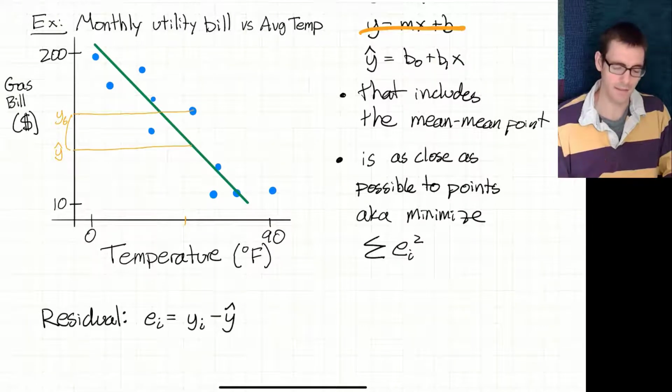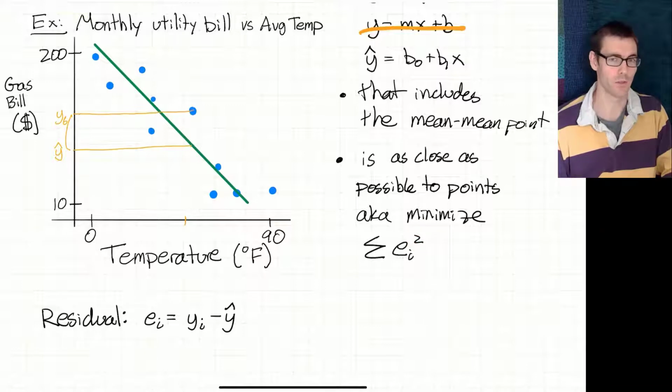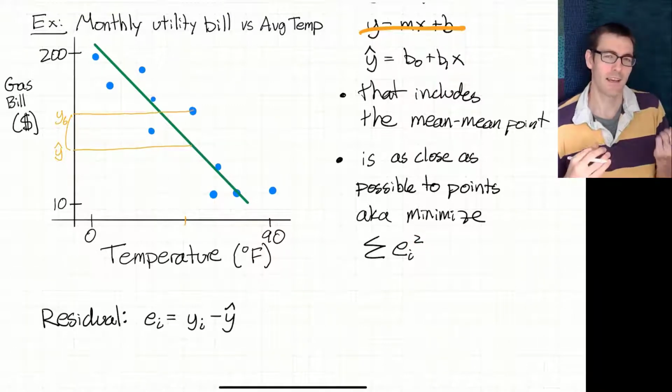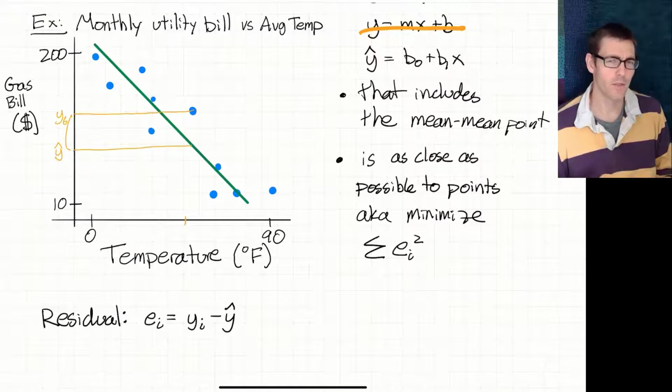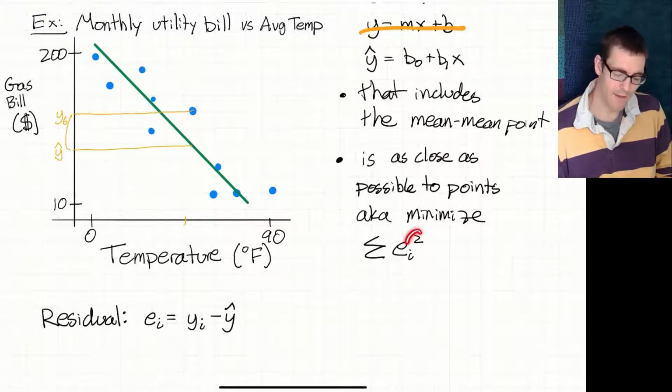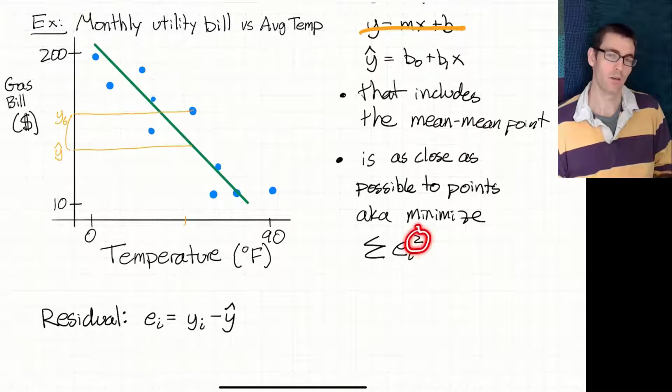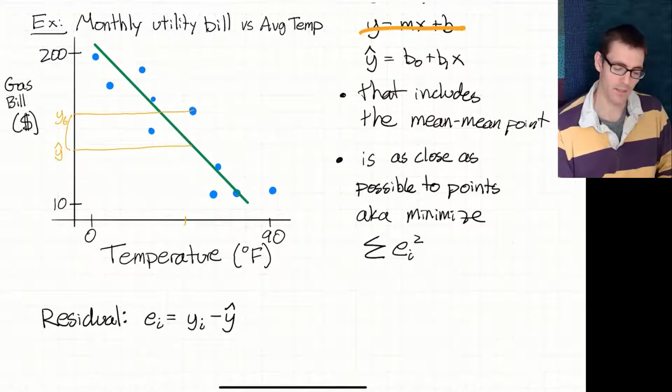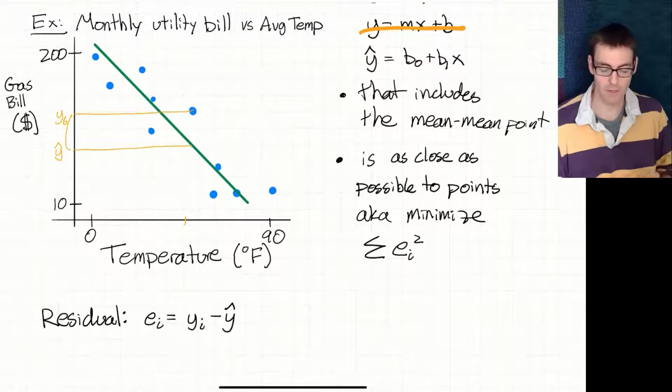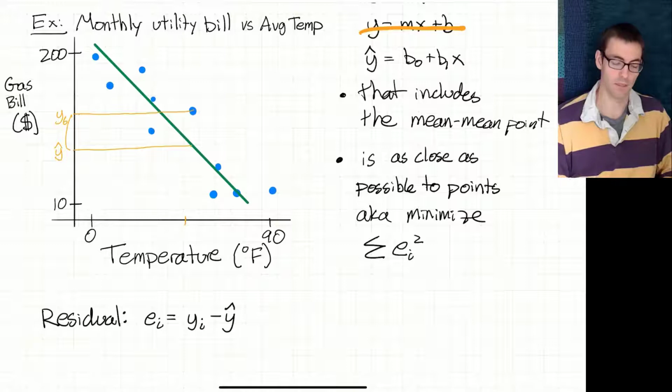All right, so why is this squared? Why do we choose to square these residuals? Well, like a lot of things in statistics, it's a somewhat arbitrary choice. By having a higher power here, we are more heavily penalizing points that are particularly far away. So we could have said, let's cube these residuals.